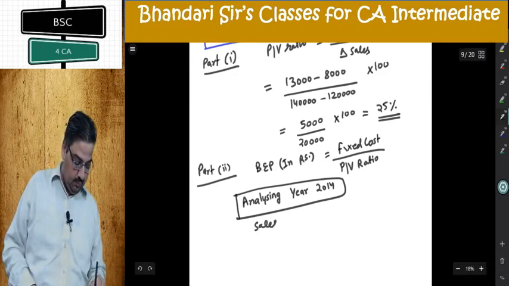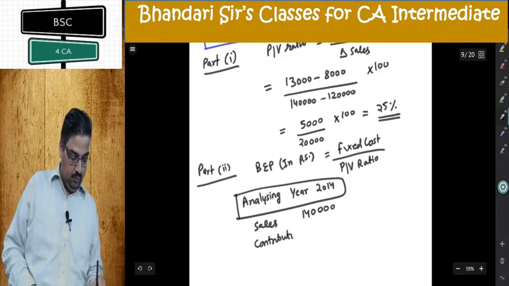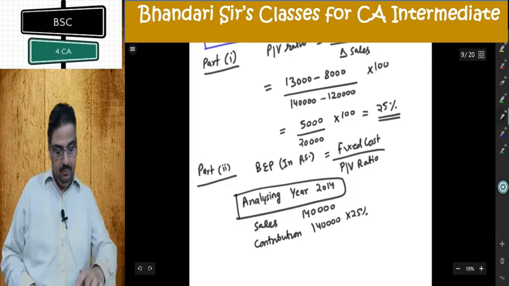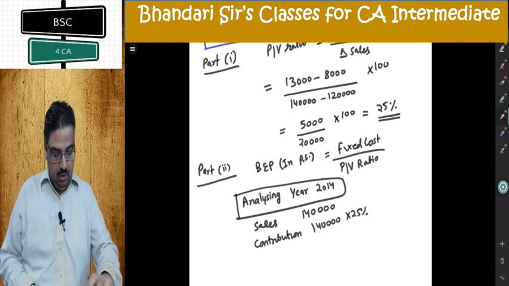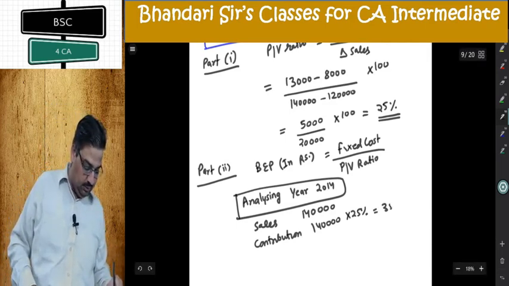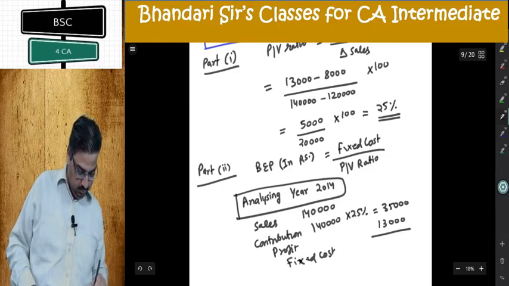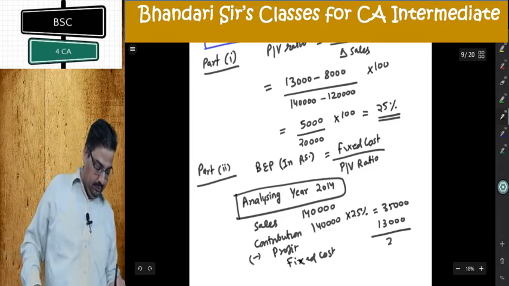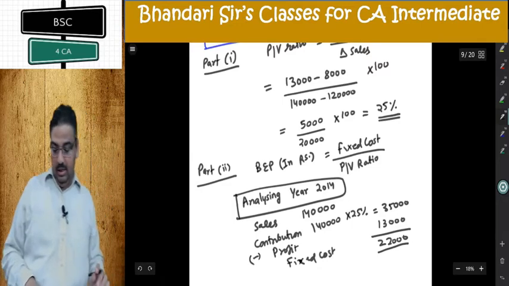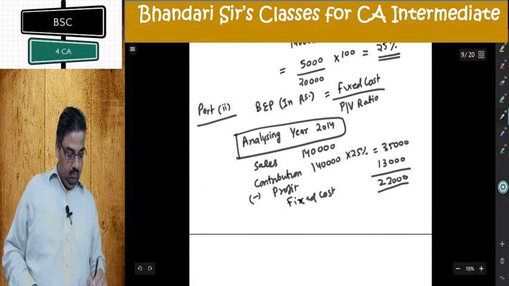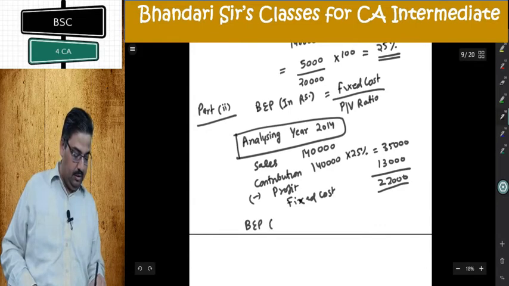Sales 1,40,000, contribution 1,40,000 into 25%, which is 35,000, and profit known at that level is 13,000. So balance is fixed cost. Contribution minus profit, 22,000 is fixed cost.